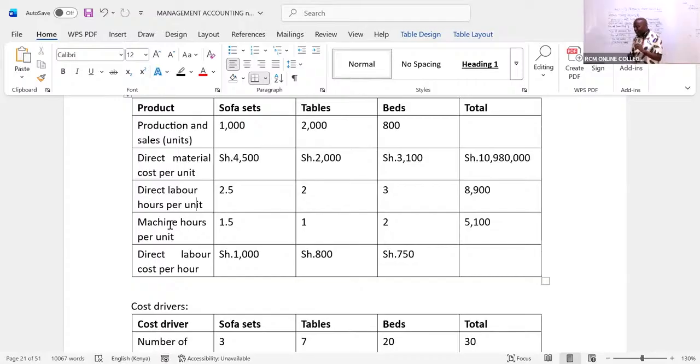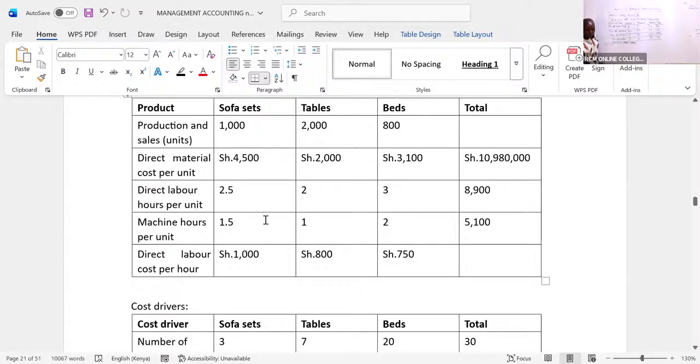So whenever you hear per unit, they want you to multiply the numbers given there with the volumes. So the first one is 1.5 machine hours, but because that is for 1 unit, times what here, somebody? 1,000.